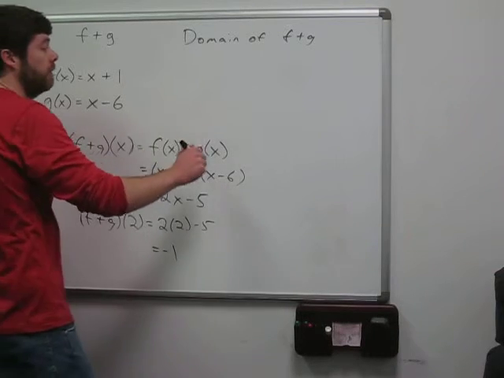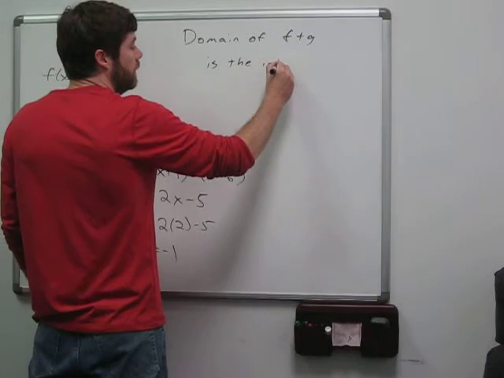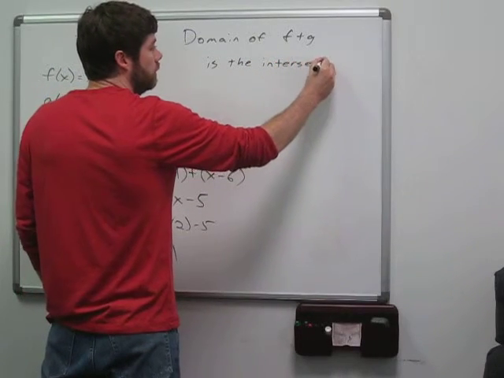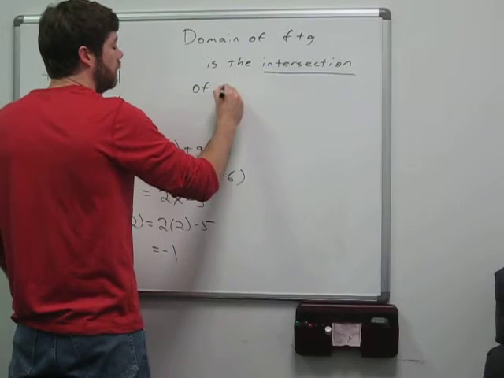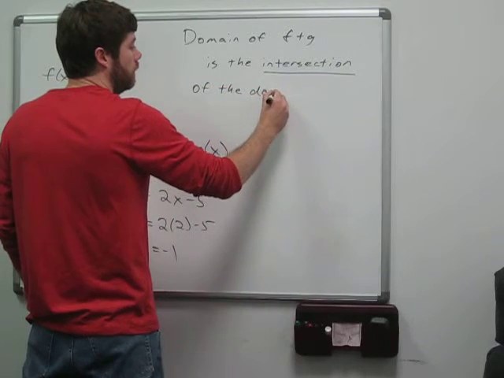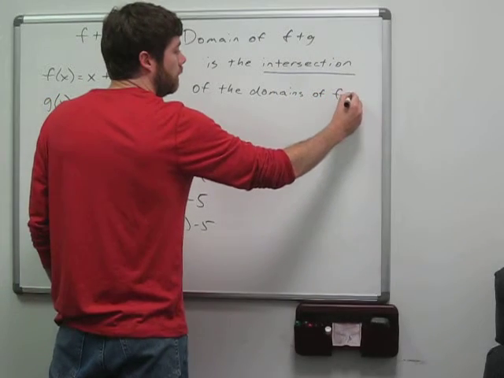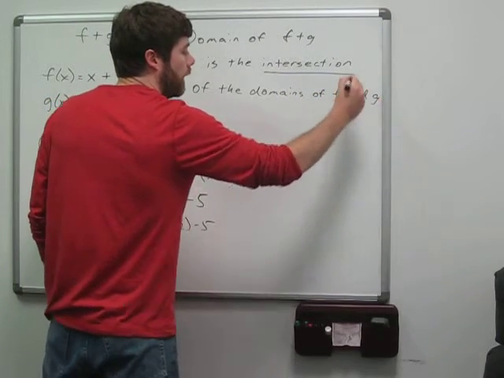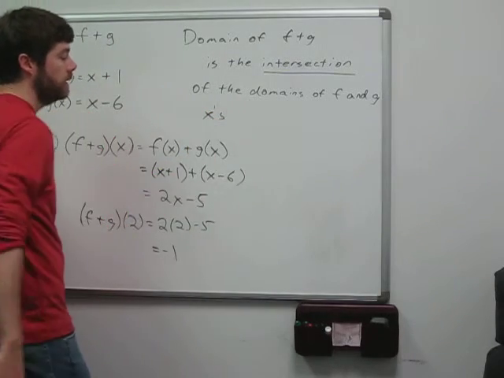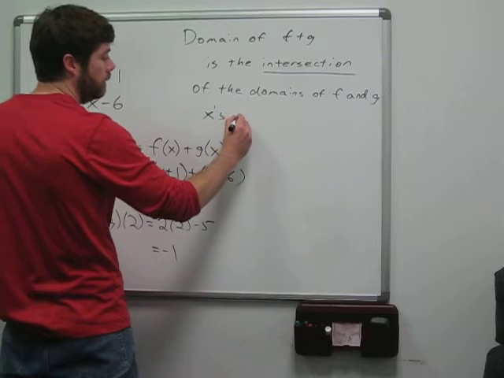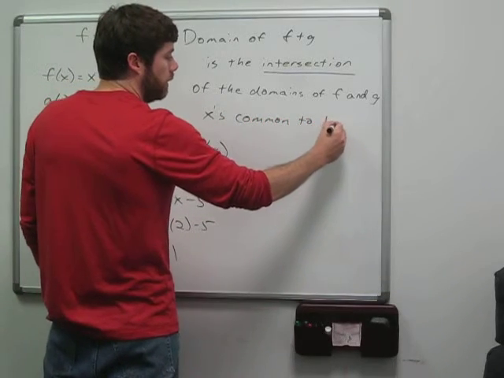So the domain of f plus g is the intersection of the domains of f and g. In other words, it is the set of x's common to both domains.